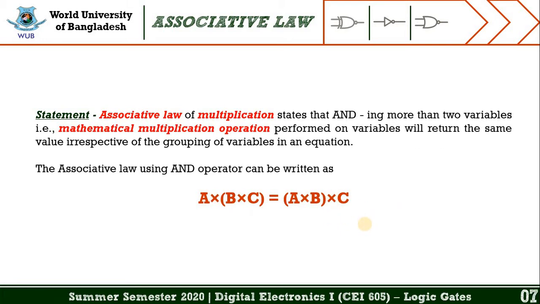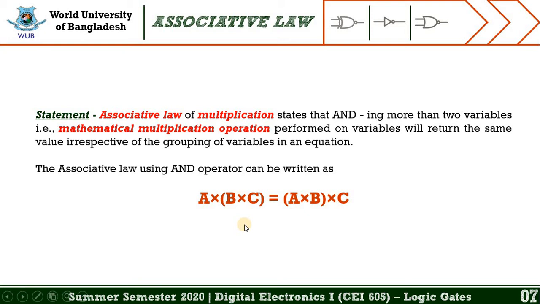Now we may learn another law of associative, which is the associative law of multiplication. Let's start with the statement of the associative law of multiplication, which states that AND-ing more than two variables, which is mathematical multiplication operation performed on variables, will return the same value irrespective of the grouping of variables in an equation.